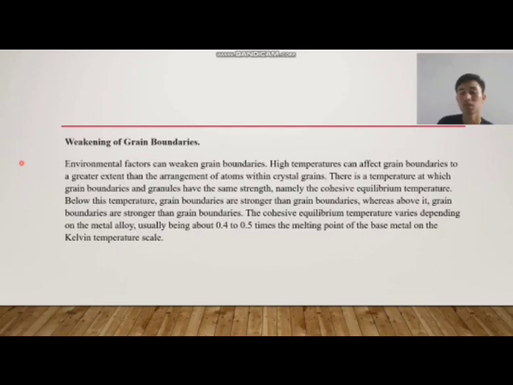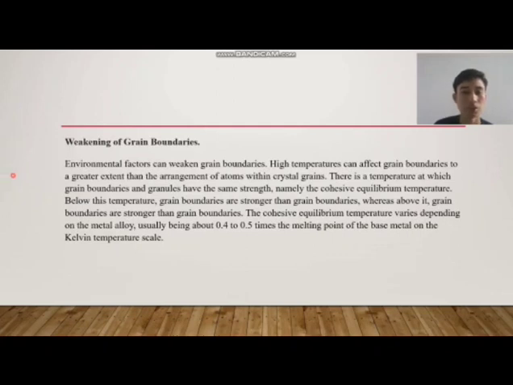Next, weakening of grain boundaries. Environmental factors can weaken grain boundaries. High temperature can affect grain boundaries to a greater extent than the arrangement of atoms within crystal grains. There is a temperature at which grain boundaries and grains have the same strength.